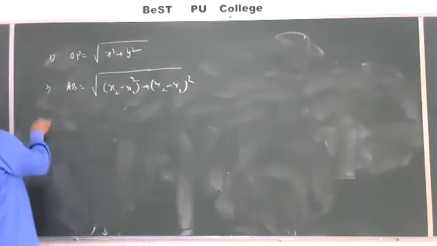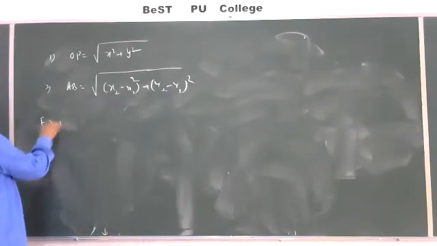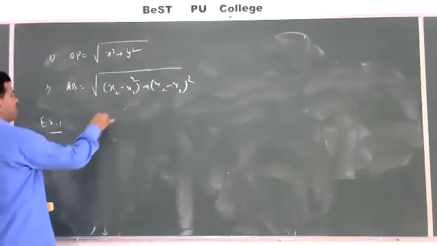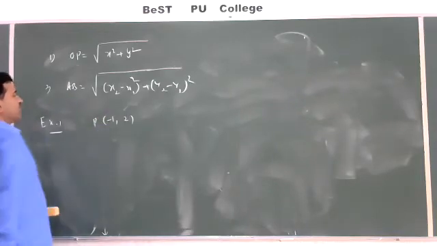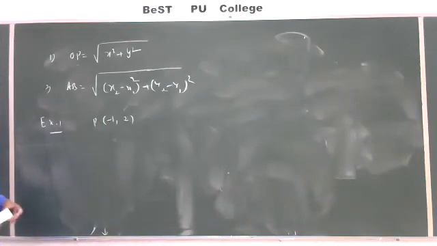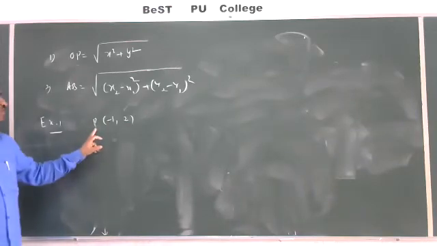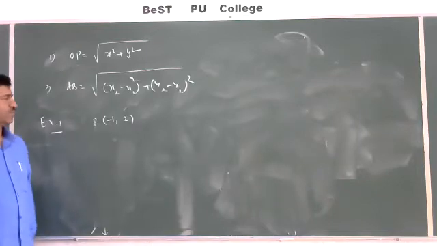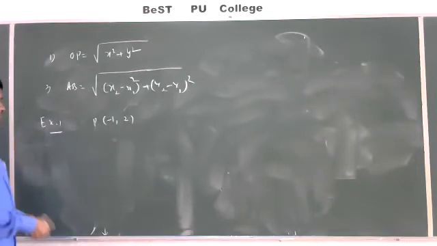Example 1. Find the distance of the point P(minus 1, 2) from the origin. See, what is the formula?